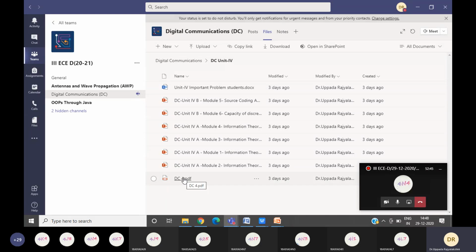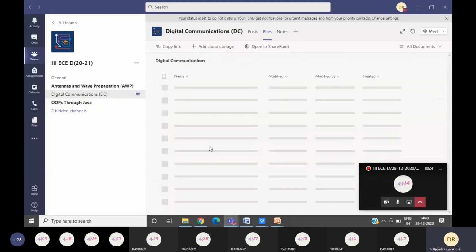And this PDF is the handwritten material which is provided by your seniors. So at the time I taught this subject, they wrote the notes. Okay, this is like your friend's material only. And these 6 are the corresponding modules of PPTs which are available. Okay. So like that I have uploaded 4 chapters material.